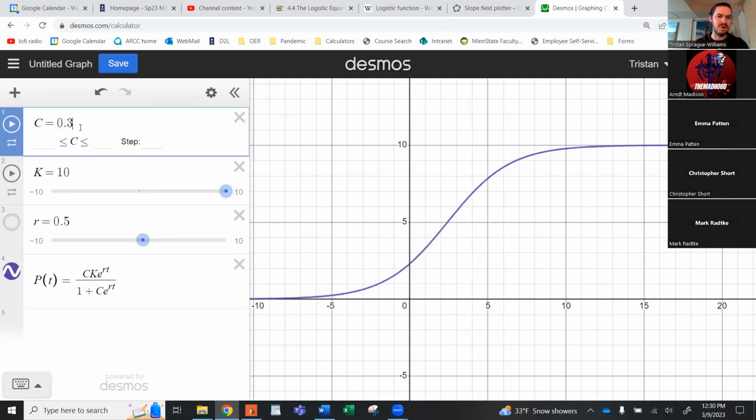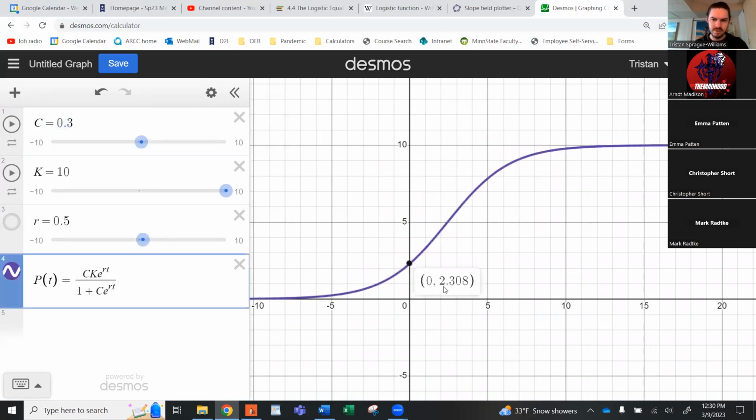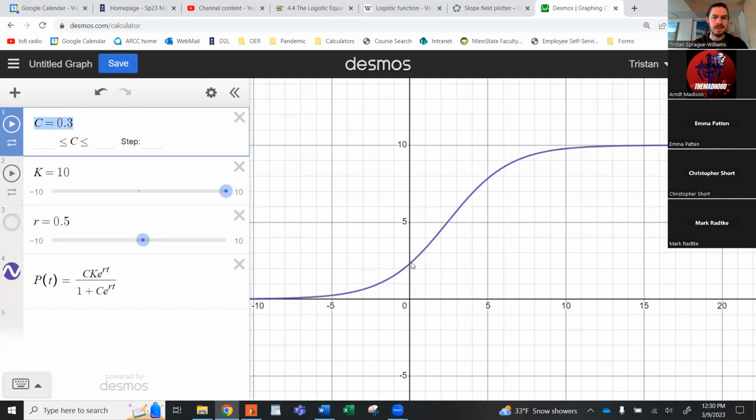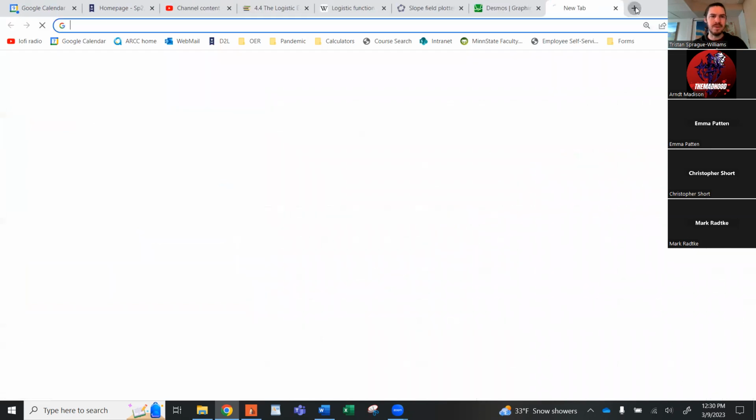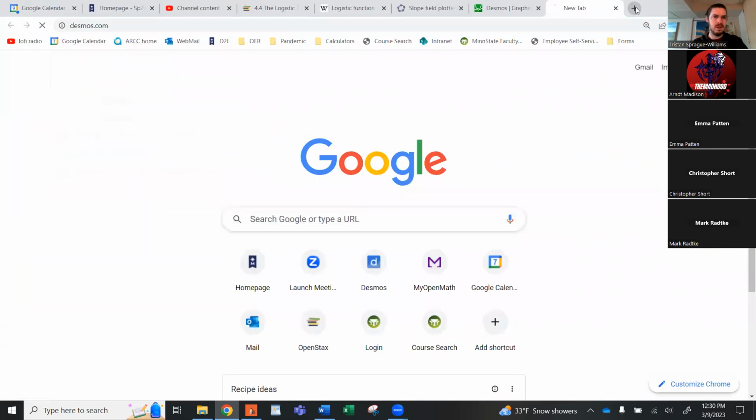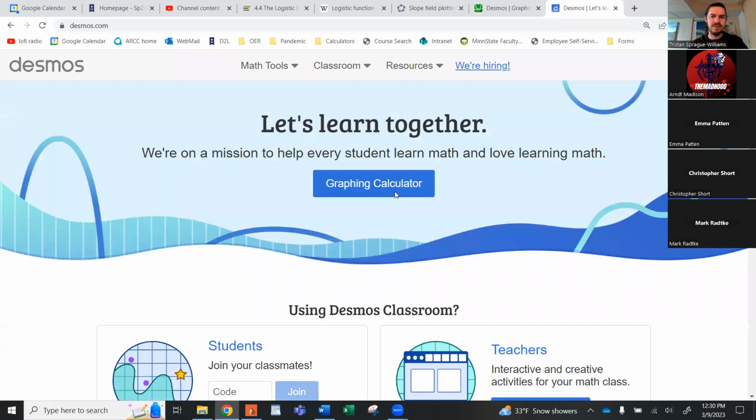If C is 0.3, for example, this is 2.308. So that's not the same as the first time we did this, when the C value was exactly equal to the initial value, right?